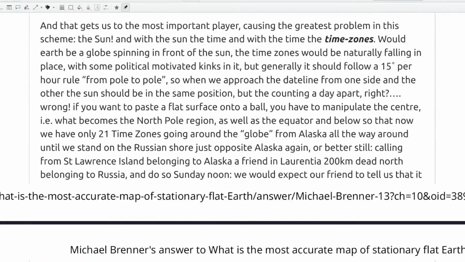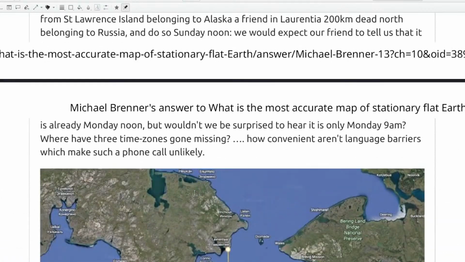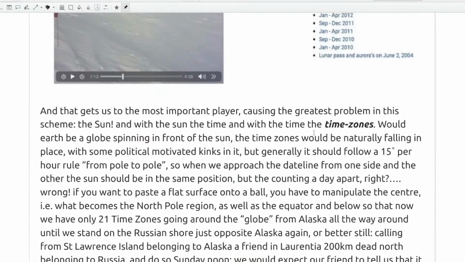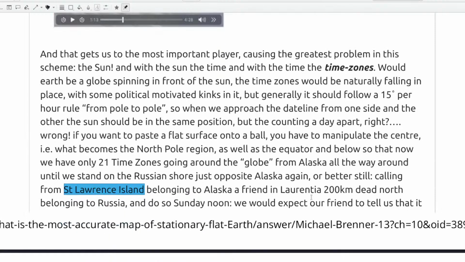Wow. That's interesting. So he said, we've got St. Lawrence Island and then Laurentia. Let's pull this up real quick.